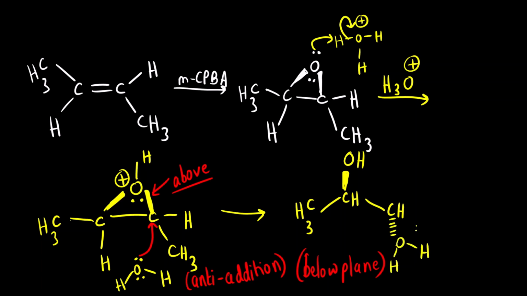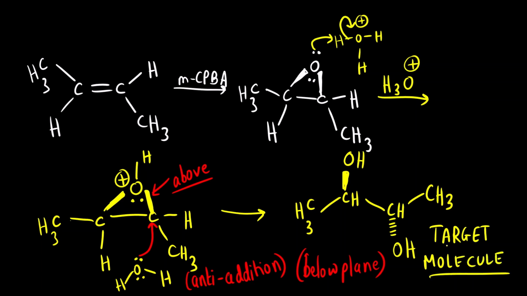Last step will be that water will pick up this proton and it will become alcohol. Okay, that is deprotonation. So what we are going to get here is OH and CH3. So you can see this is the final desired product, or we can say the target molecule that we had to prepare.